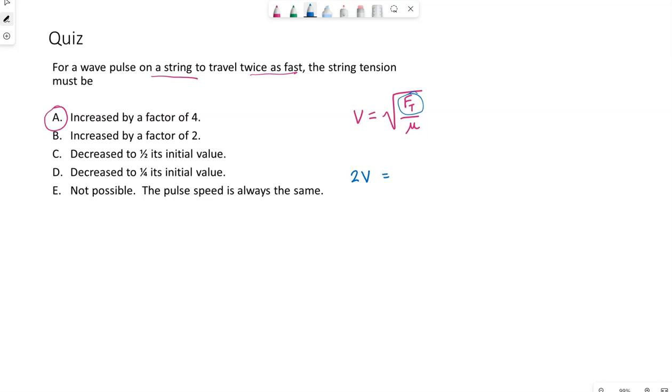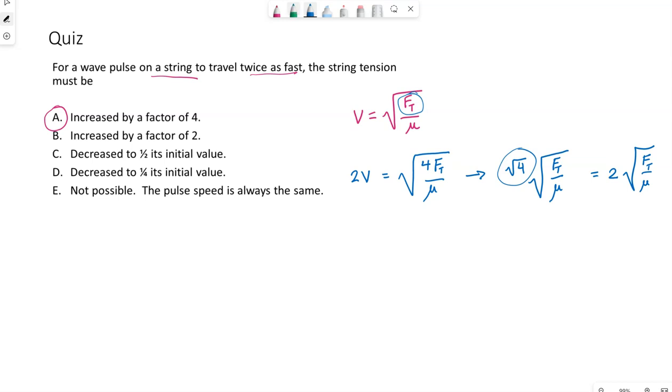We can get 2v by multiplying the force of tension by 4. If we factored out the square root of 4, that would leave us still with our beginning square root of tension over mu. But the square root of 4, of course, is 2. And so we would end up with 2 times the square root of the force of tension over mu.